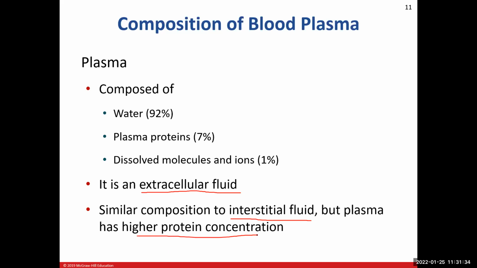And that's important because proteins are going to help play a role with the movement of certain things in and out of a blood vessel, namely a capillary. Keep that in mind. We'll talk more about that, but just keep that in mind. So our plasma is going to have a higher protein concentration than interstitial fluid.